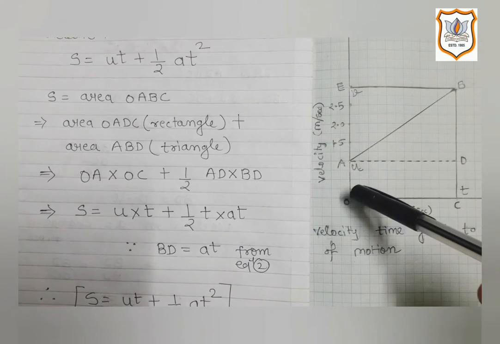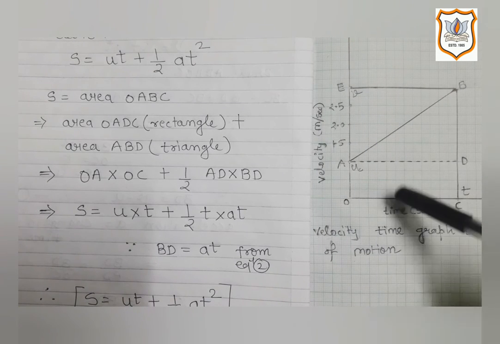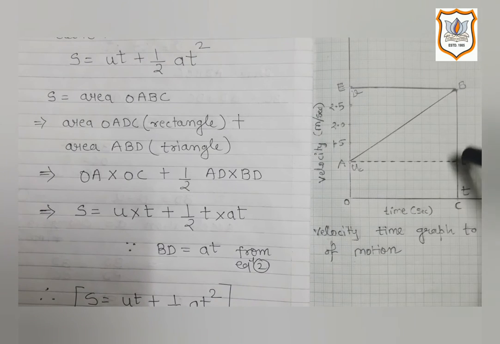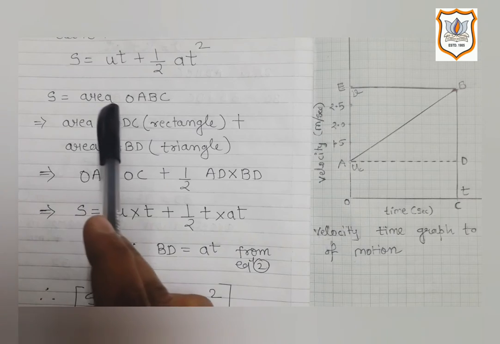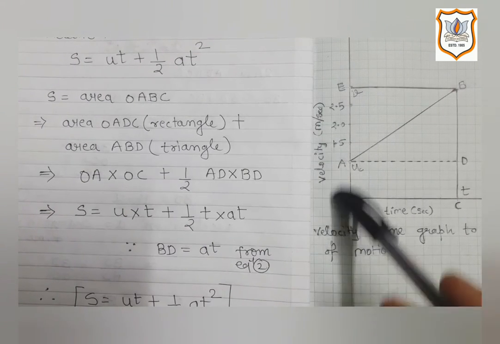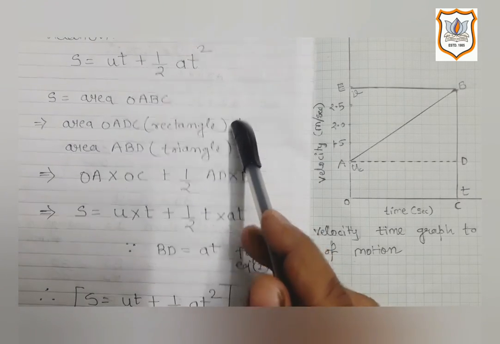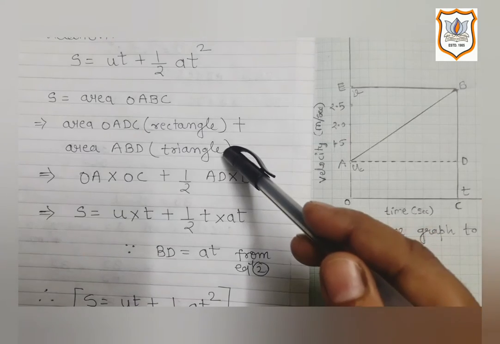The first area OADC, which is a rectangle, and the second area ABD, which is a triangle. So we can write area OABC is equal to area OADC plus area ABD, that is triangle.